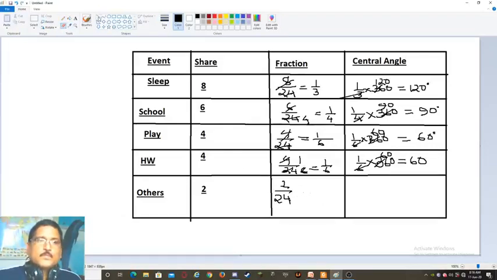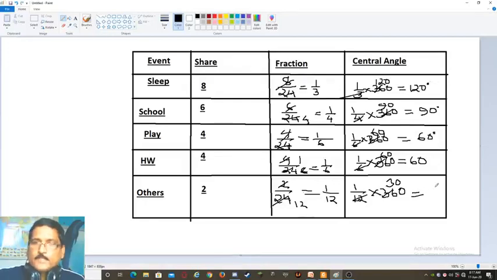Now cut, 1 by 12. 1 by 12 multiplied by 360. 3 12s are 36, equivalent to 30 degree.